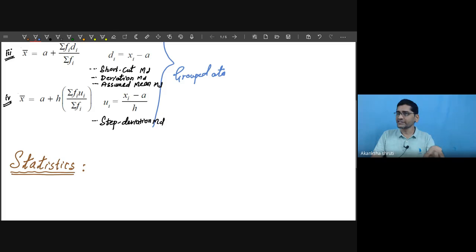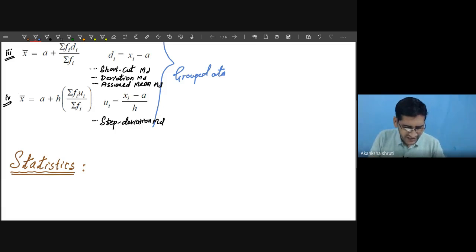So this analysis is called statistics. And the individual data that you are taking, or your school is taking of each individual student, that individual data is called the raw data or the raw observations. And this collection of data is called a survey or analysis.